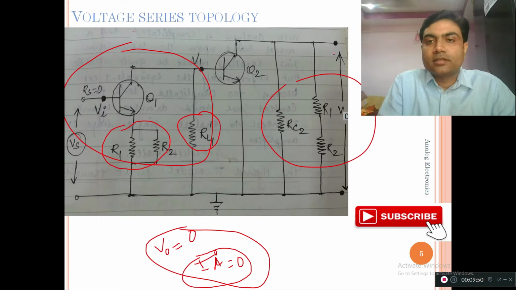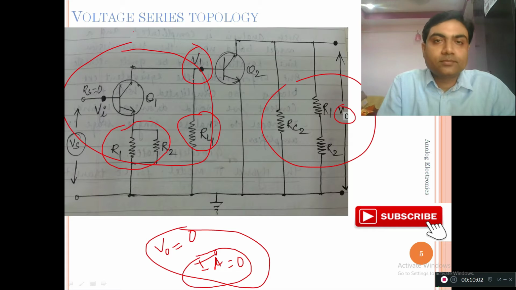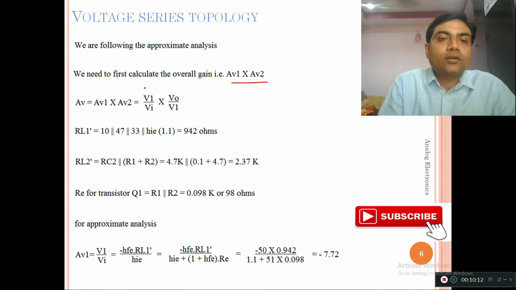This is VO, output voltage, and this is the intermediate voltage I have considered here, that is V1. So if I want to calculate the gain of Q2, it has to be VO upon V1. Getting? And if I want to calculate the gain of this Q1, it has to be V1 upon Vi. So likewise, I have written over here, AV1 is nothing but V1 upon Vi, and AV2 is nothing but VO upon V1.